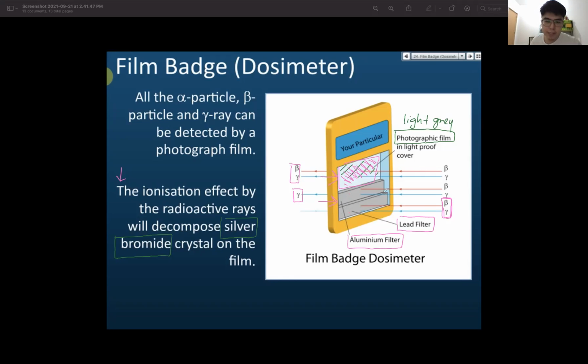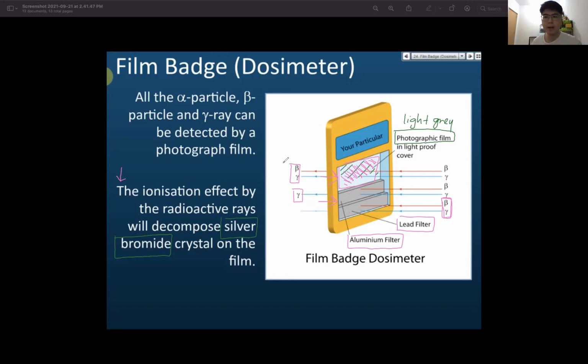Only the bottom section stays light gray. So if the middle turns dark, then it must be gamma, because beta cannot pass through.